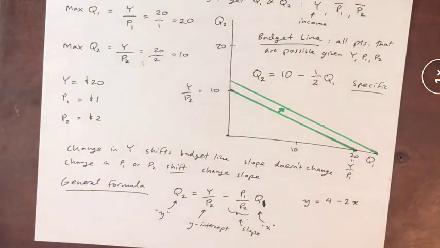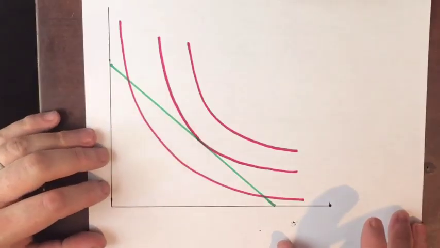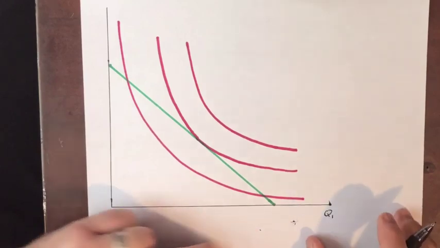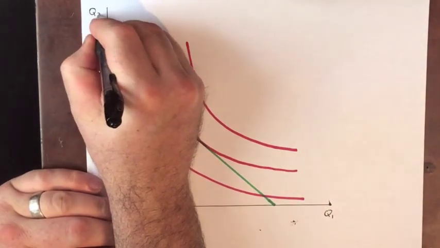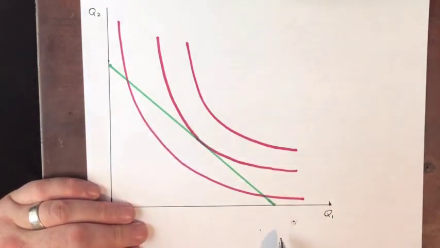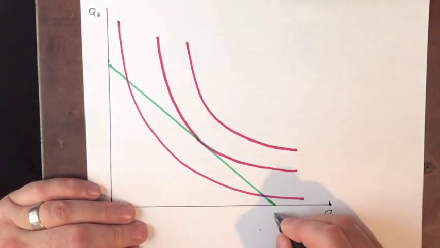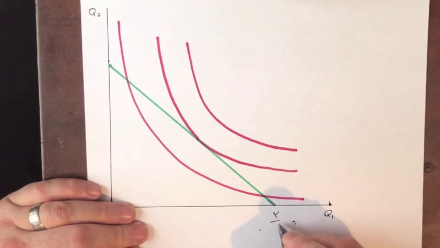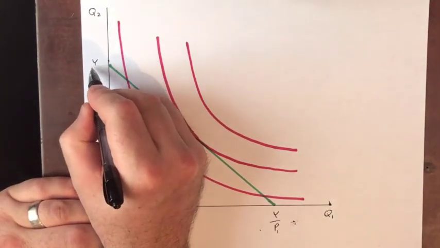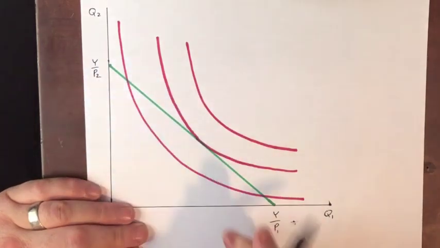Let's bring all this together now. Here's our situation. Again, we've laid it out: we've got good 1, good 2, and our budget line, going from its maximum position on this axis, y over P1, to its maximum position on this axis, y over P2.